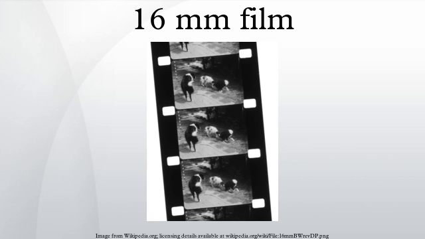A 16mm print struck directly from a 16mm print is a double dupe. A 16mm print struck directly from a 35mm print is a double dupe down. Film traders often refer to 16mm prints by the print's production method, that is, an original, reversal, dupe down, double dupe, or double dupe down.